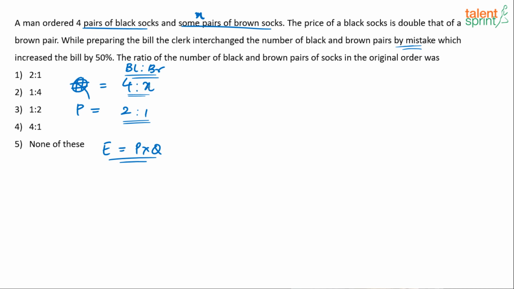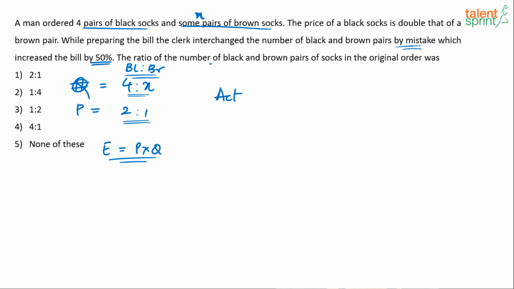And that increased the bill by 50%. Now try to understand. What is going to be the original bill? Original bill, or rather actual bill, and wrong bill, let's say. What is going to be the actual bill?